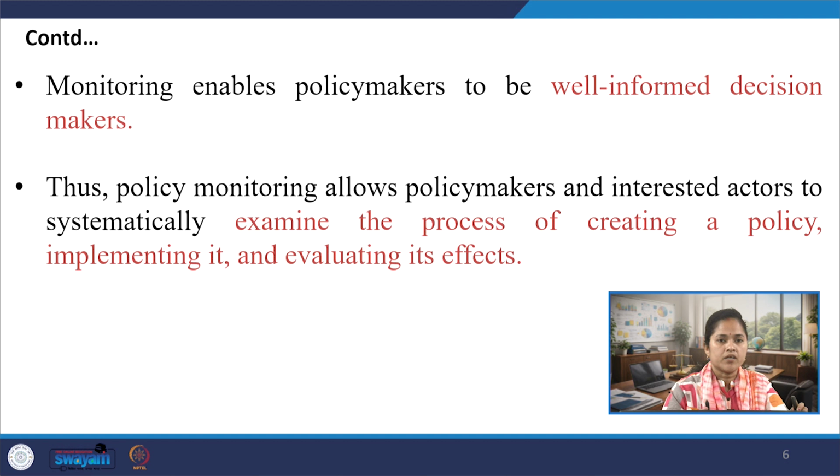Policy monitoring helps the policy makers, and those who are interested actors wanting to participate in the policy making process, to examine the process of creating the policy and also its implementation. Finally, this information and data can also be helpful in evaluating the policy effects. So policy monitoring is an essential, integral part of the policy cycle.